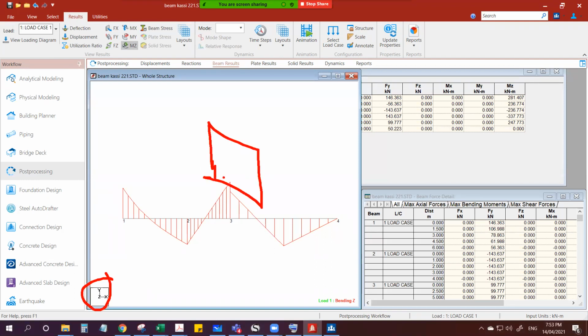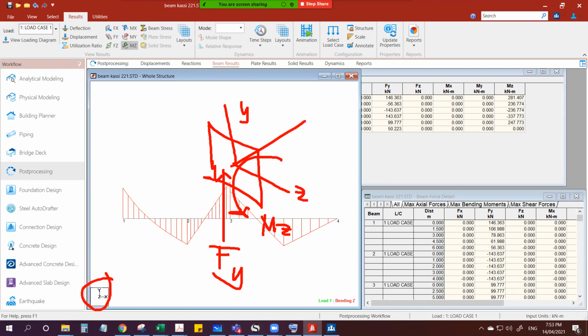So your local axis, this is local Z, this is local Y, therefore the moment about this axis is MZ, and the force parallel to the y-axis is Fy, and this is x, so the force along the longitudinal axis is Fx.